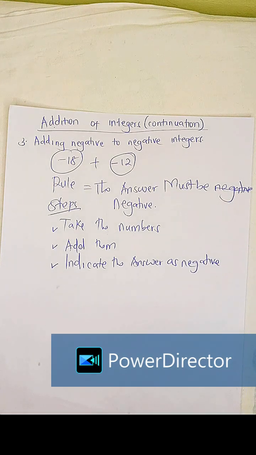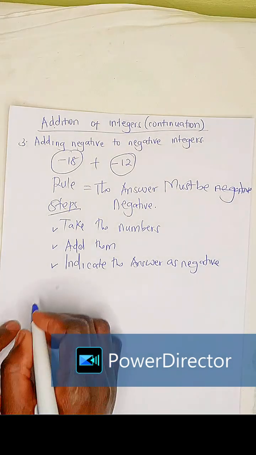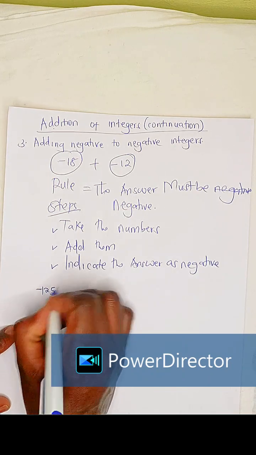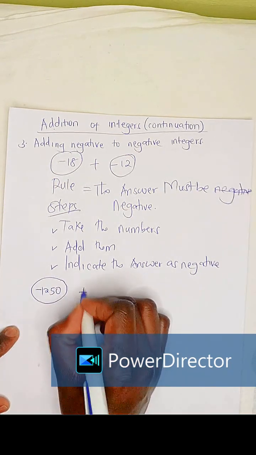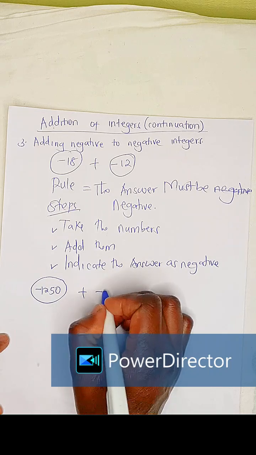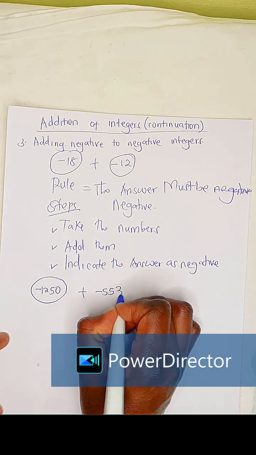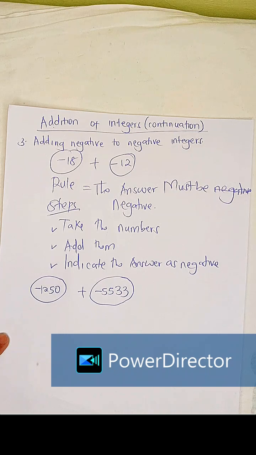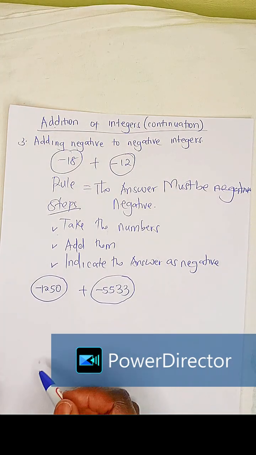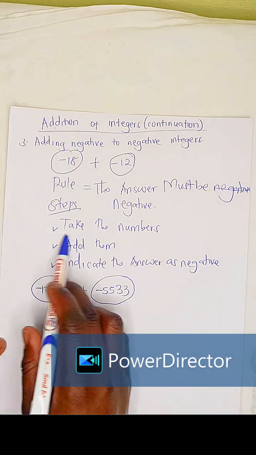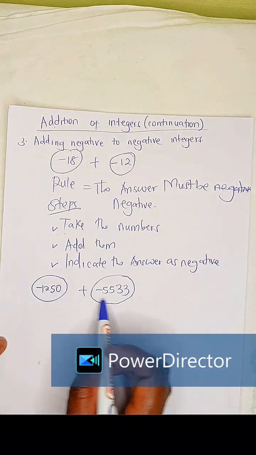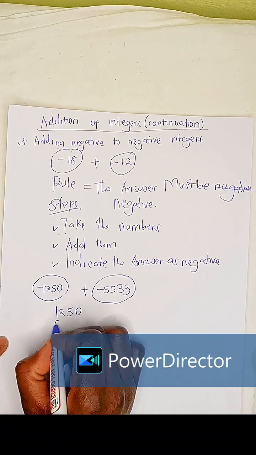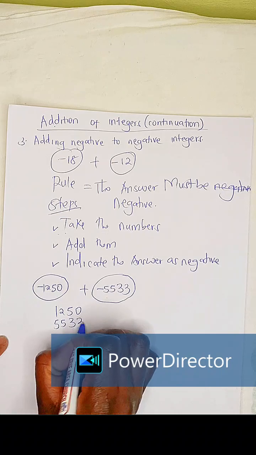Let us now look at an example together. I have negative 1250. I'm adding it to a negative 5,533. Let us now follow our steps. Number one step, we take the numbers. Take the two numbers, 1250 and 5533.